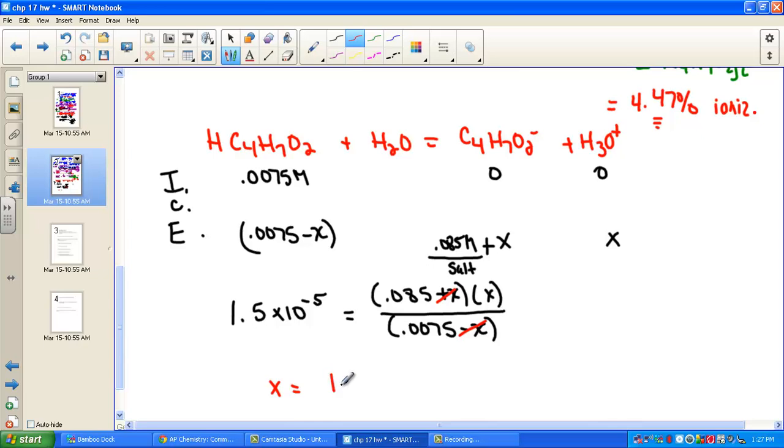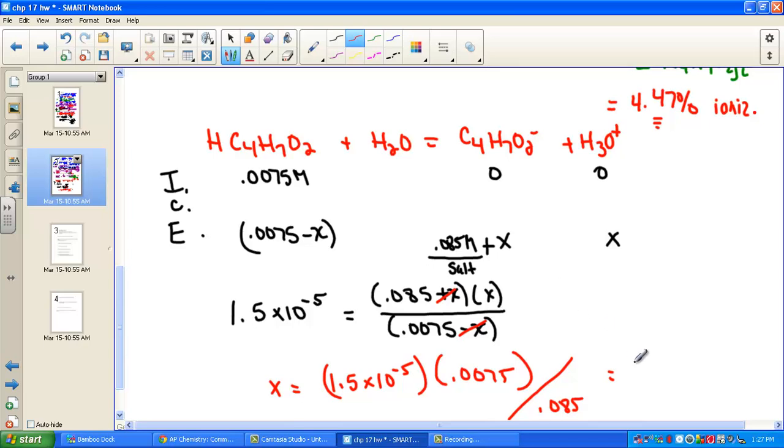Putting X on a side by itself, we would hit 1.5 times 10 to the negative fifth times 0.0075 over 0.085. 1.5 E negative 5 times 0.0075 divided by 0.085.